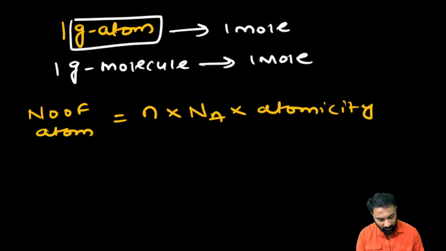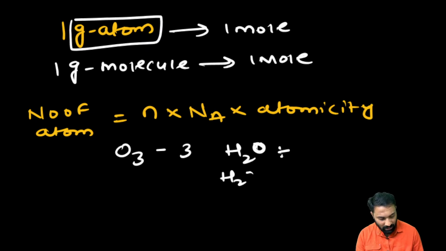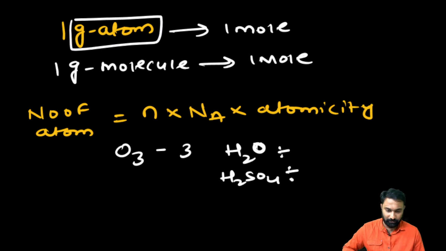Atomicity we know, right? If O3 is given, atomicity will be 3. Now suppose a molecule like H2O is given. Can anyone tell me what the H2O molecule atomicity is? And what is the H2SO4 atomicity?